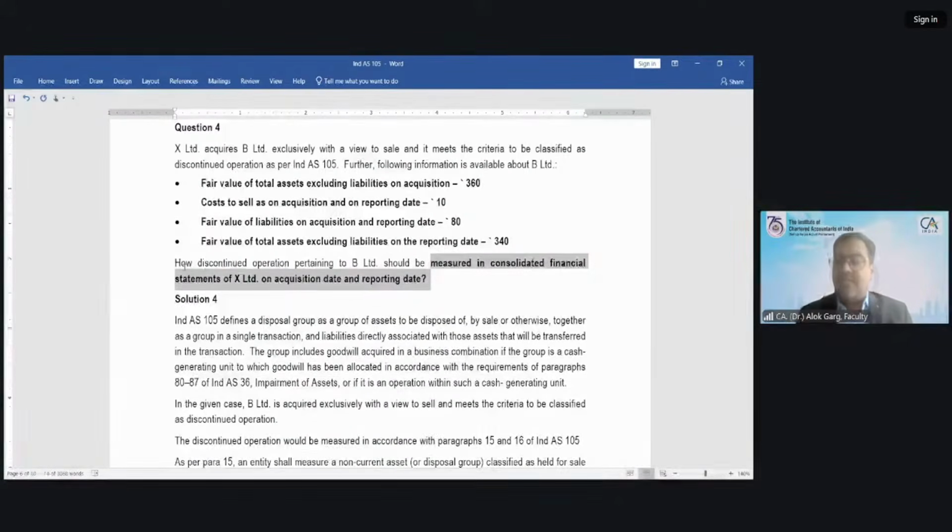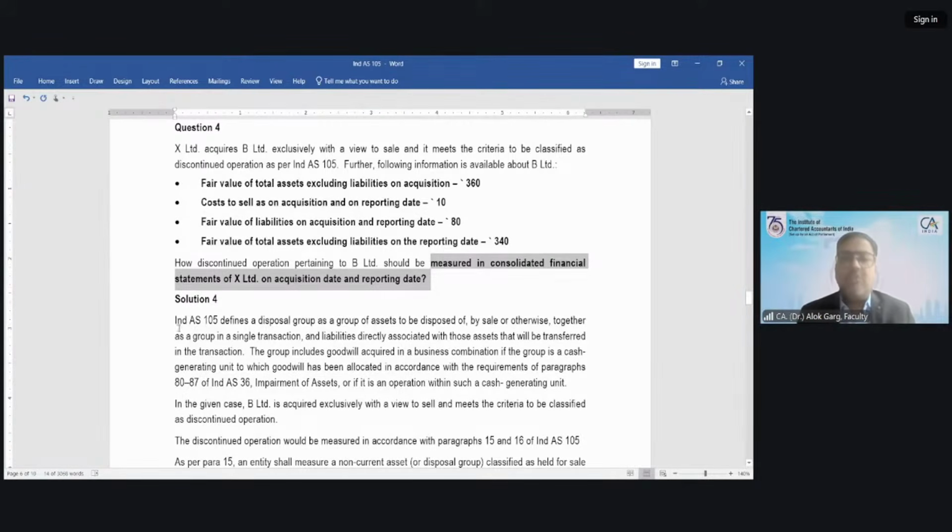Friends, first of all, if a subsidiary is acquired exclusively with a view to resale, the net assets have to be measured at fair value less cost to sell, correct?